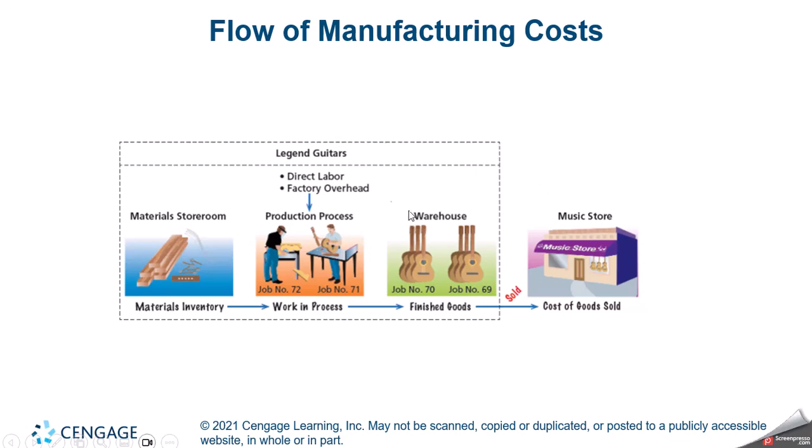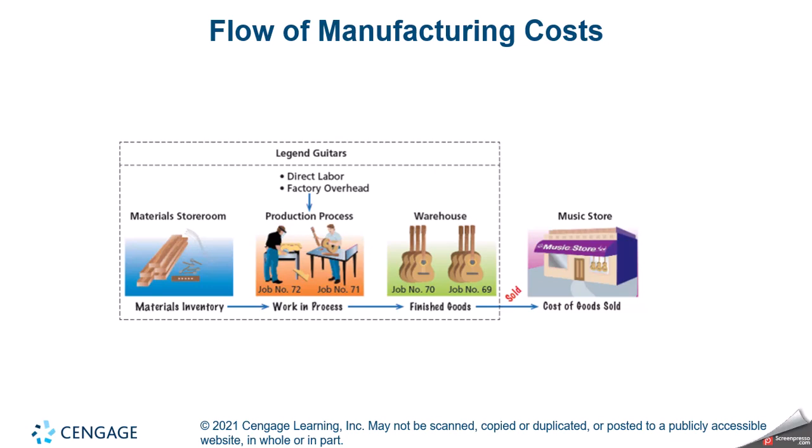So again, this is going back to that guitar that we had in the last chapter when we were introducing it. So again, the raw materials that are needed to produce the guitar are in our materials inventory. Once we put them out into the production process, they become work in process. And then in that stage, there'll be direct labor. People will be touching them, making them, adding value to them.